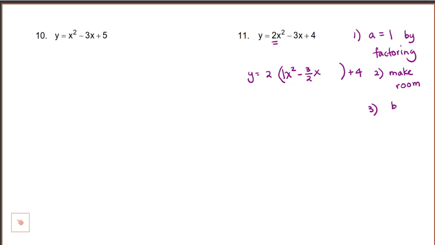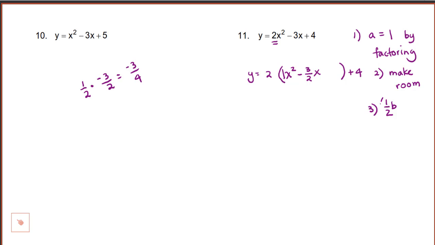Now I can take half 2 different ways. I can do this, but I think in general this would be more useful. I could take half this way. So what's half of negative 3 halves? Negative 3 over 4.